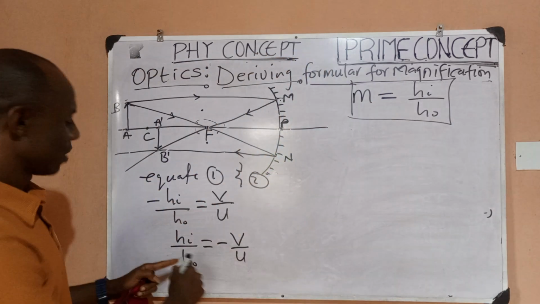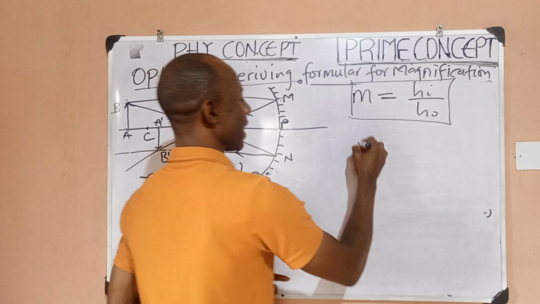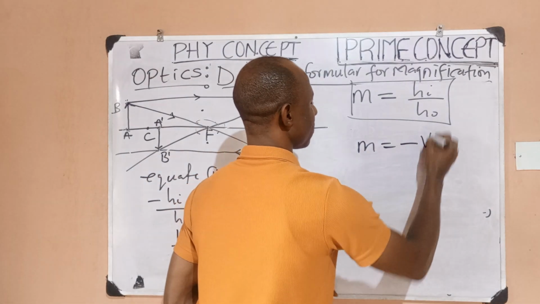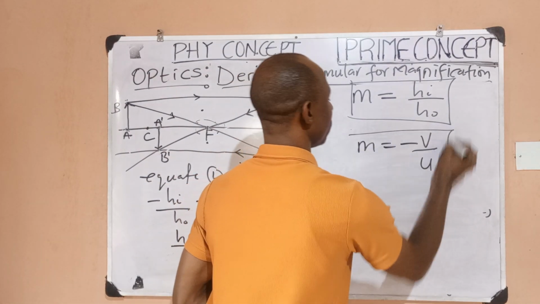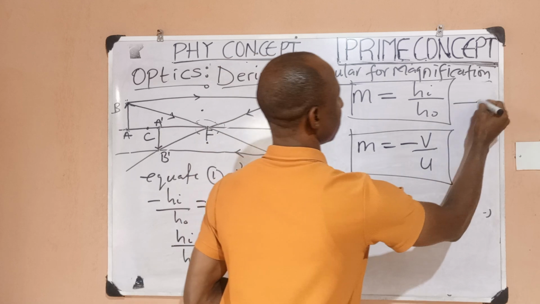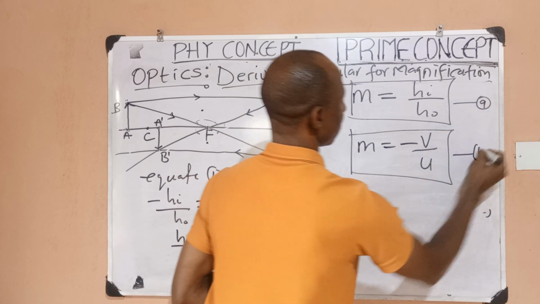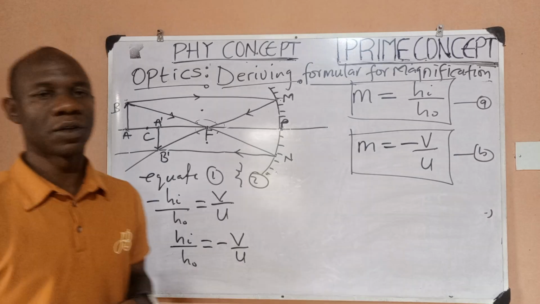So automatically we can now say that m is equal to minus v over u. These are the formulas for magnification of a curved mirror.